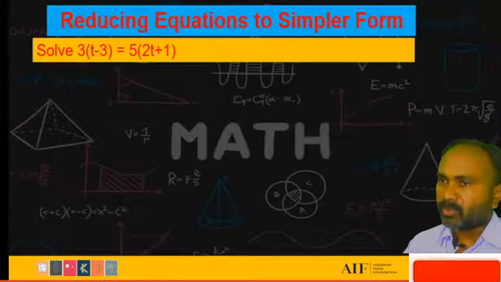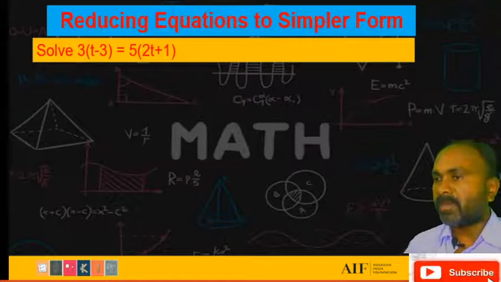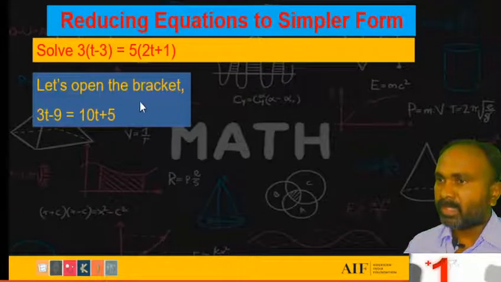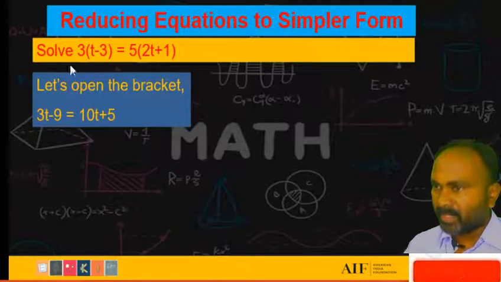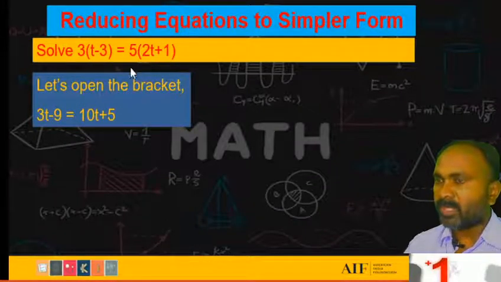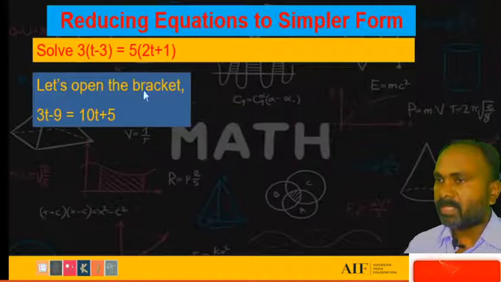Reducing equations to simpler form. 3 of t minus 3 equals 5 of 2t plus 1. Let's open the bracket. 3 into t, 3t, plus minus minus 3 into 3, 9. 5 of 2t: 5 into 2, 10t, plus 5 into 1, 5.